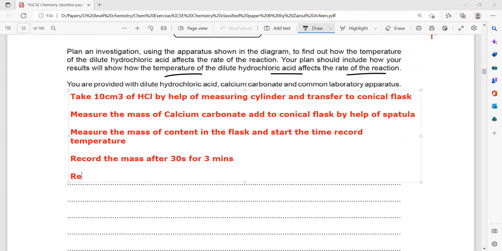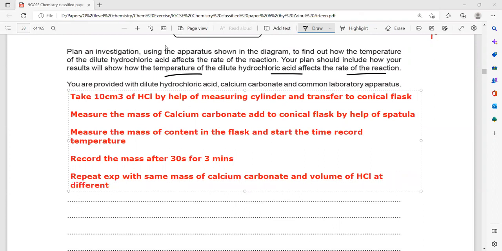Then repeat the experiment with the same mass of calcium carbonate, and the same volume and concentration of hydrochloric acid, at different temperatures.